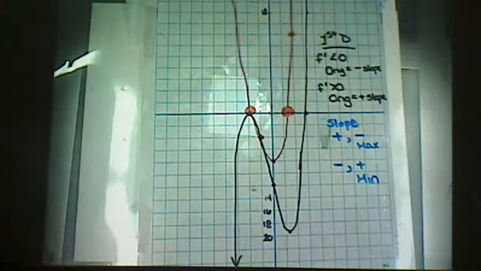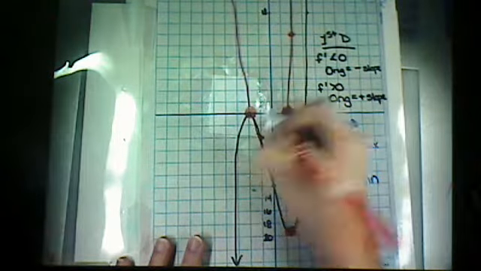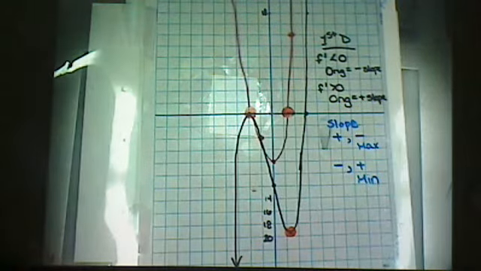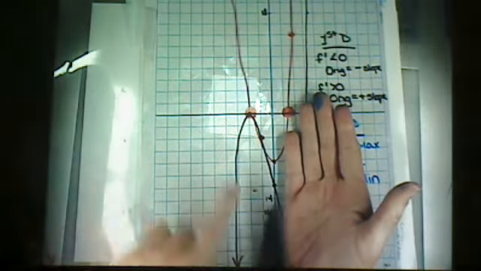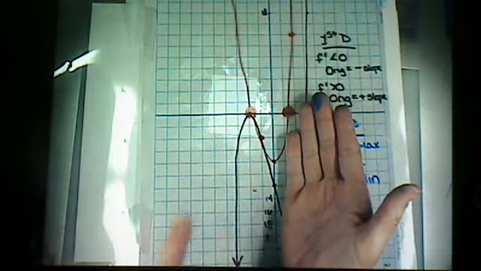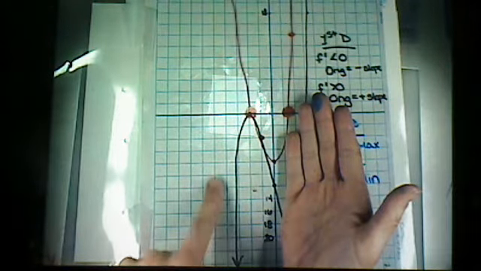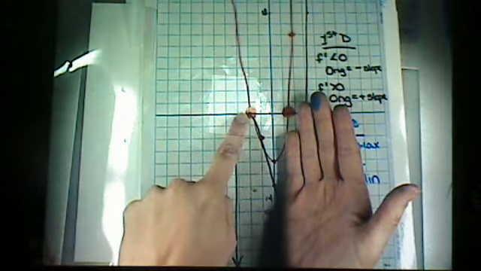The first derivative test tells us specifically where our maximums and our minimums are located. Because think about it. If I have a positive slope and then a negative slope, if you draw that with your finger, you're going to have a maximum.